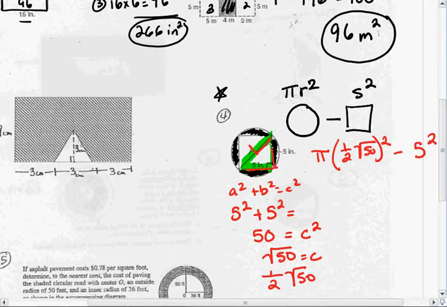Right now I'm looking at the square here. Now I'm ready to put that into the calculator. Maybe I'll make this 25 first of all. So pi times 1/2 radical 50 squared minus 25.